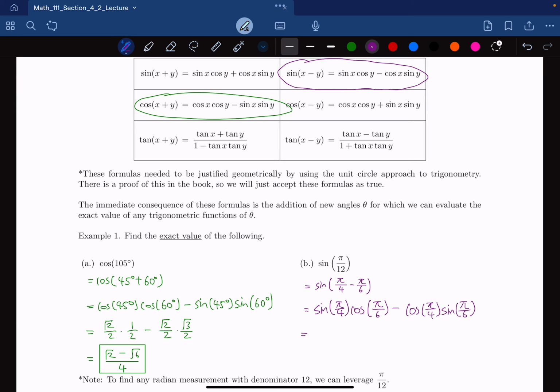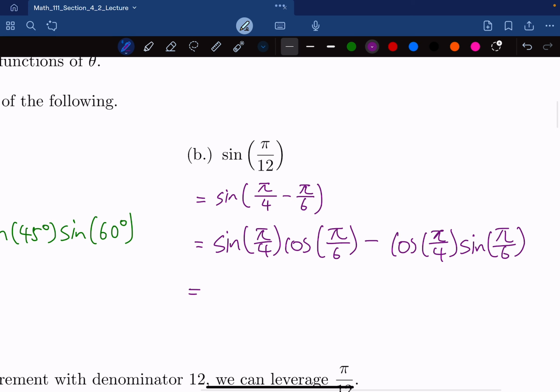I just have to plug in the rest from the unit circle. So sine of pi over 4, we know this is radical 2 over 2. Cosine of pi over 6 is radical 3 over 2, minus cosine of pi over 4 is radical 2 over 2, and sine of pi over 6 is 1/2.